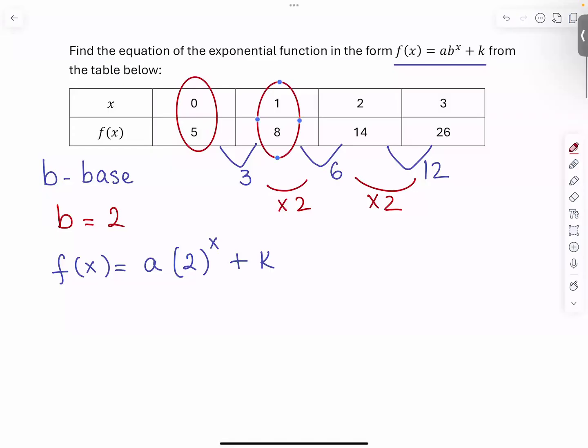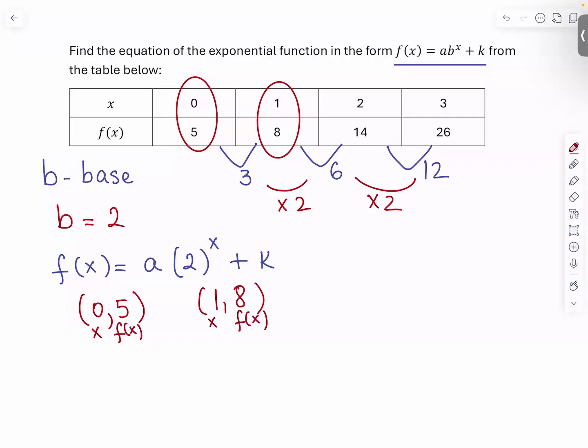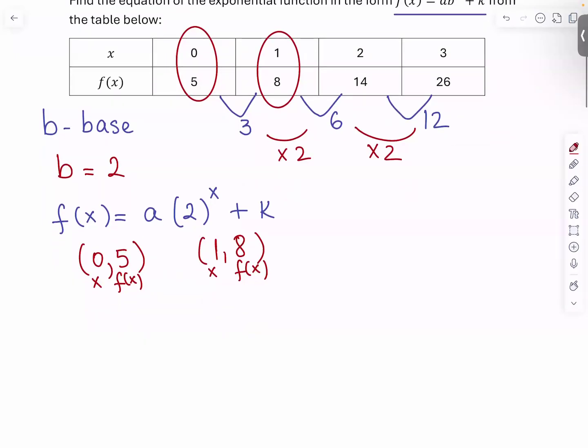We usually want to work with smaller numbers, so our coordinates will be 0, 5, and 1, 8. One is x, the other one is f of x. So now we're going to create a system of 2 linear equations in 2 variables that will help us find the values of a and k.